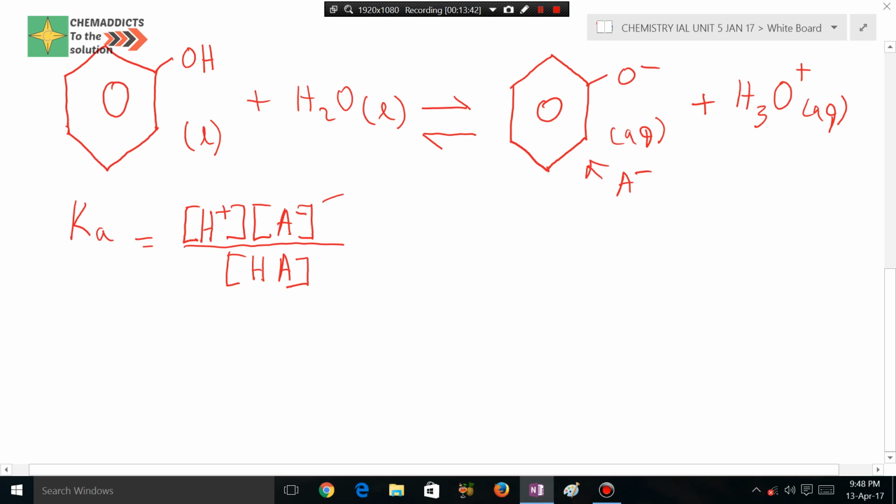It does look confusing, right? Let me label this to clear the confusion. This is phenate ion. Here in this case this is phenol, and this is phenate.